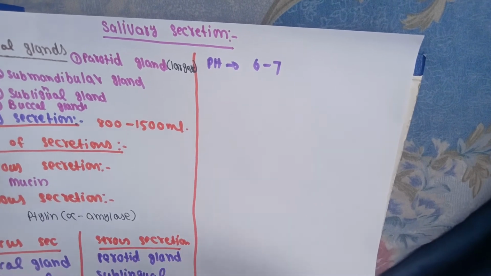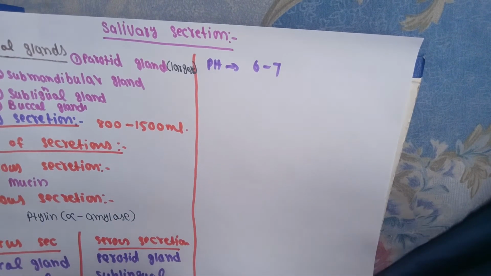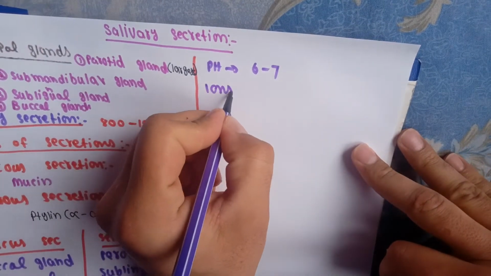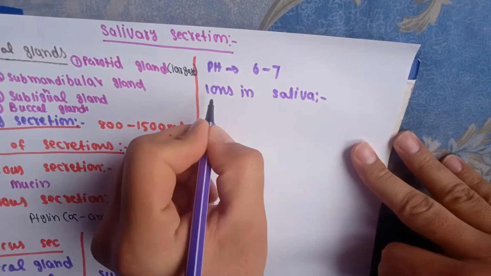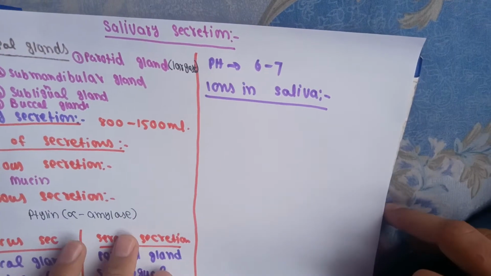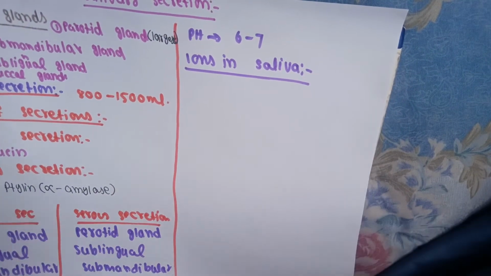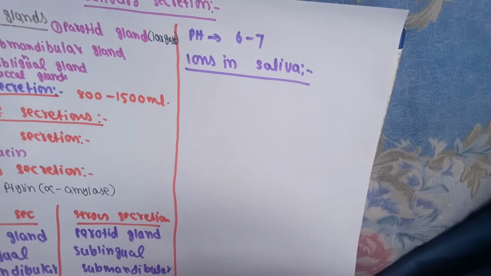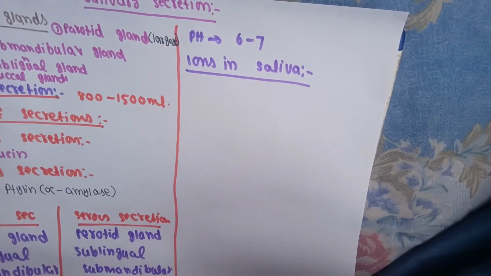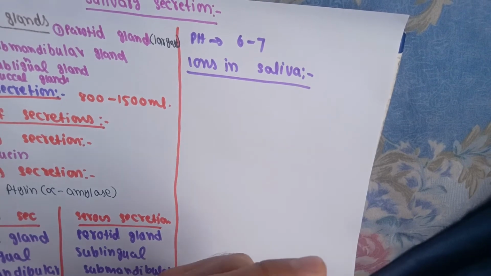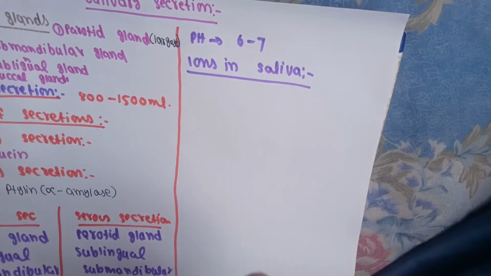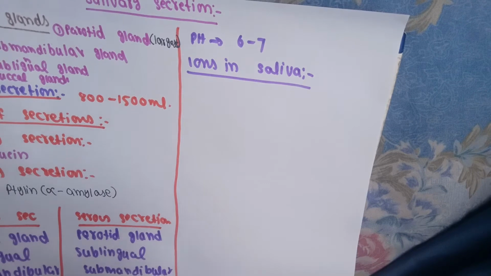Another thing, what are the ions in saliva? Here I am going to discuss the different types of ions and the concentration of different ions that are present in saliva. It is important to note that the concentration of potassium ion and that of bicarbonate ion is very high in saliva.